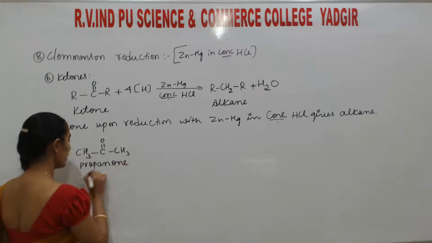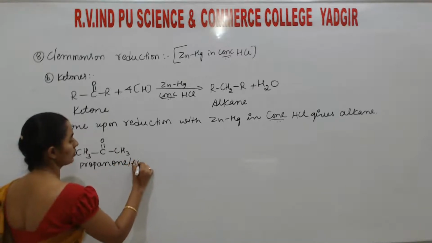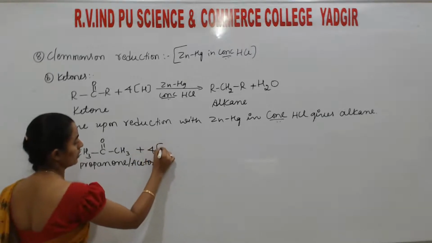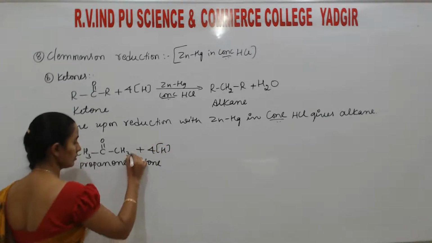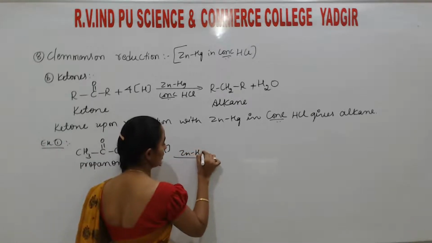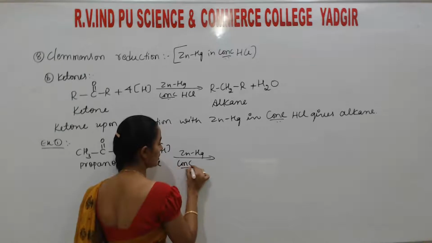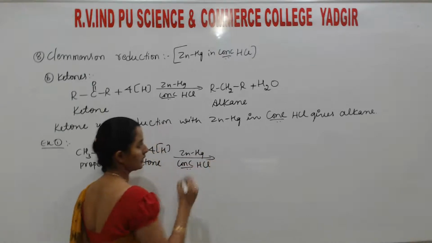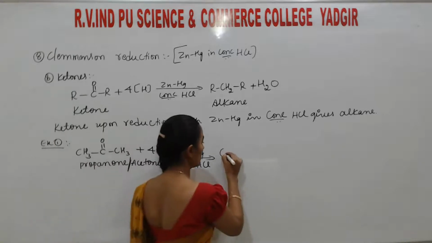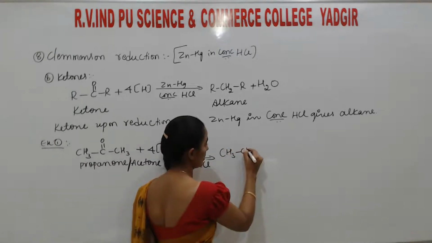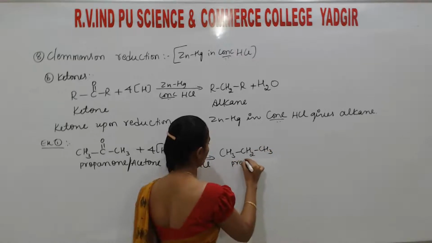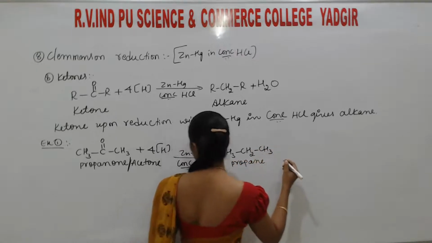Okay, another name is acetone. So it undergoes reduction in presence of zinc amalgam and concentrated HCl. Note that the product formed here is CH3, CH2, CH3, that is propane.